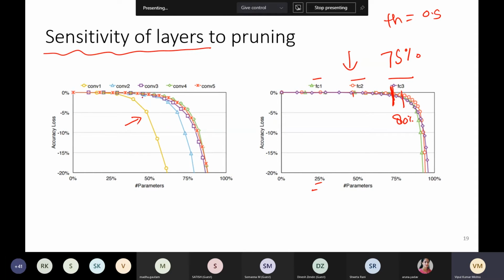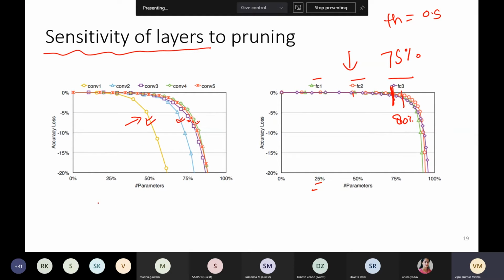But if you look at the further layers, convolution 1 has the highest sensitivity, then the second has lesser, then the third lesser, then the fourth, then the fifth. So as you move forward, the sensitivity keeps reducing, right? You cannot remove a lot from the first layer.